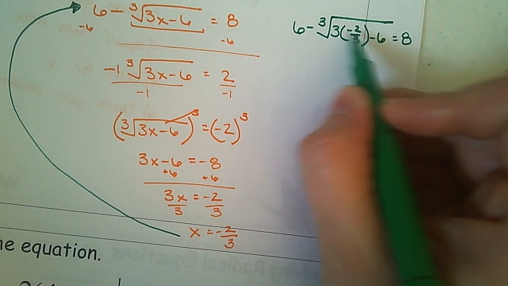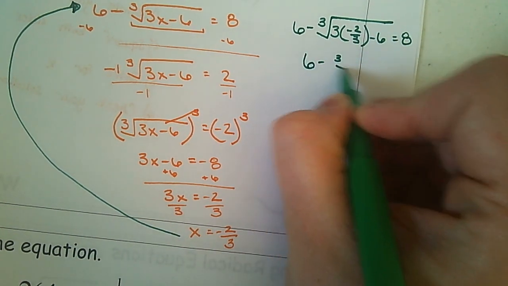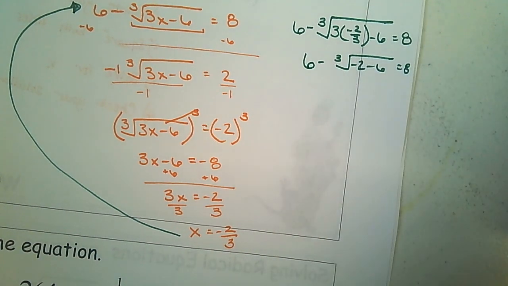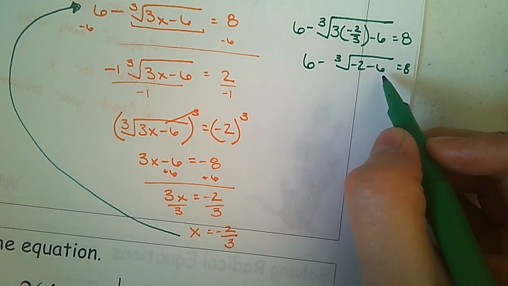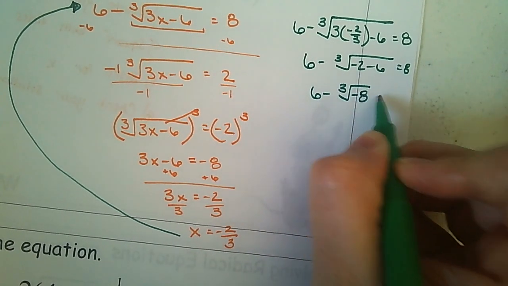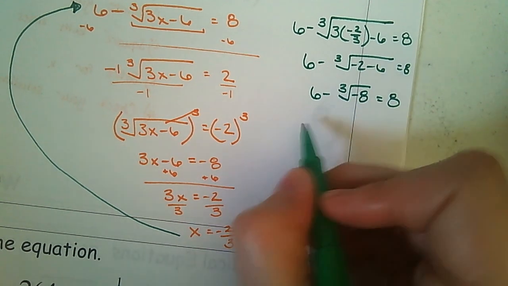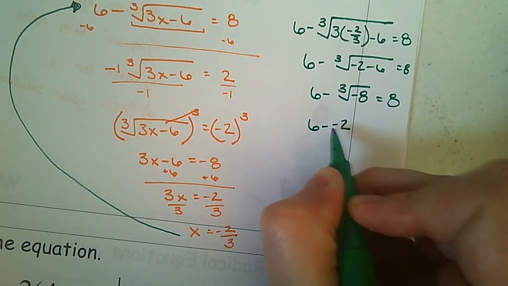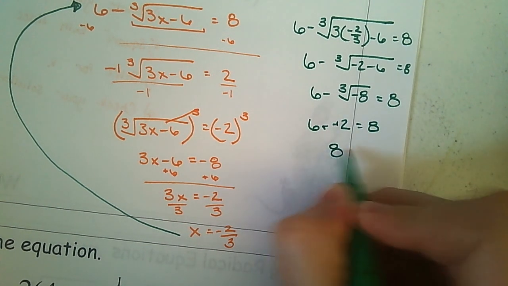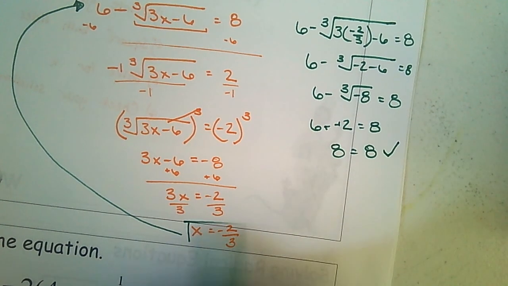So 3 times -2/3 is going to give us a -2. And -2 minus 6 is going to give us a -8. Cube root of -8 is going to give us -2. 6 plus 2 gives us 8. So -2/3 does in fact work. It is a viable solution.